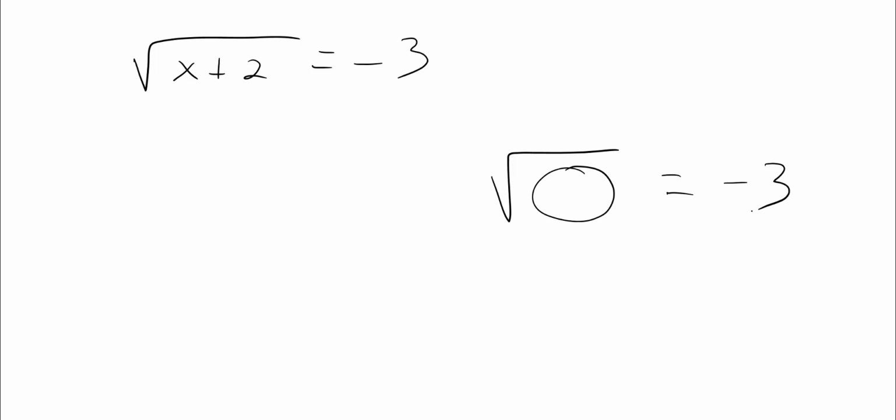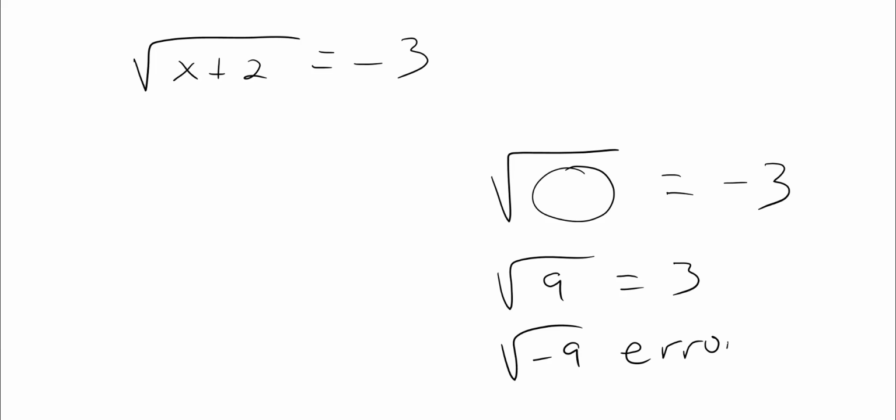You guys should be saying no. Okay, there's nothing to take the square root of. If I take the square root of 9, I get 3. What's the square root of -9? Well, if you type that in your calculator, you're going to get an error. You can't take the square root of a negative number. Not now. We'll do that in a couple days. Then you'll have something called an imaginary number.